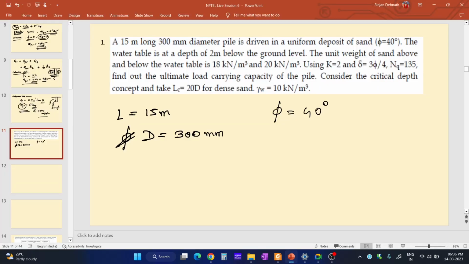The water table is at a depth of 2 meter below the ground level. The unit weight of the sand above and below the water table is 18 and 20 kilonewton per meter cube respectively.